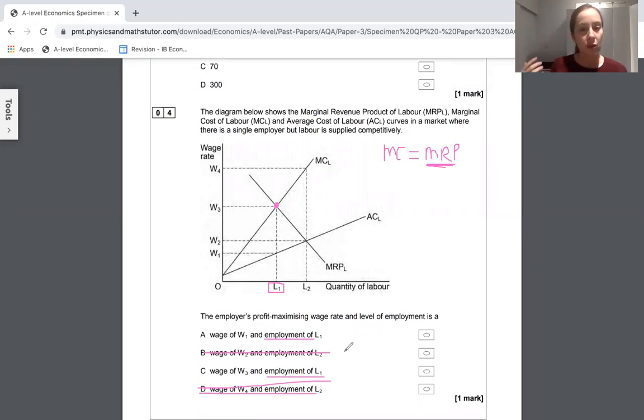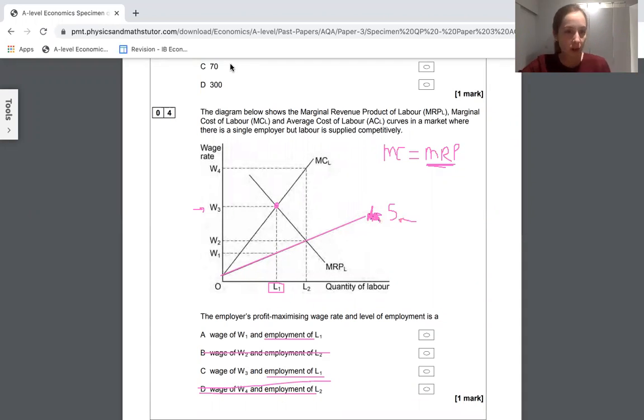And the monopsony, remember, is quite a powerful company. They can really push their employees to accept really low wages because their employees don't really have any other options. So it's a mistake to think that they'll pay them W3 when workers would actually be very happy to accept any wage that matches their supply curve. The example has been quite tricky here, but the average cost of labor is actually the supply curve.